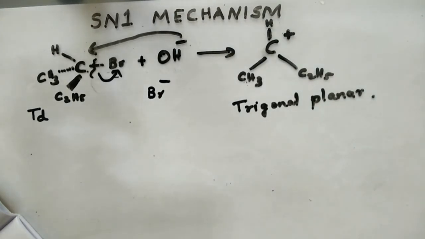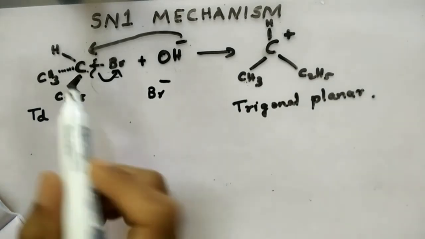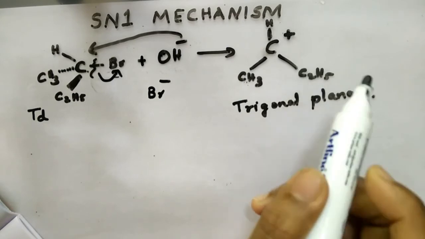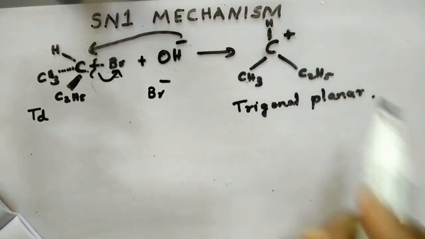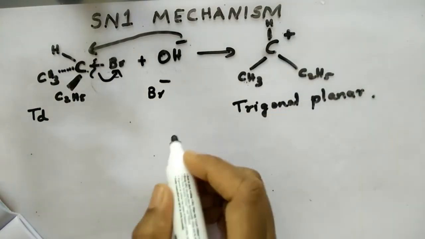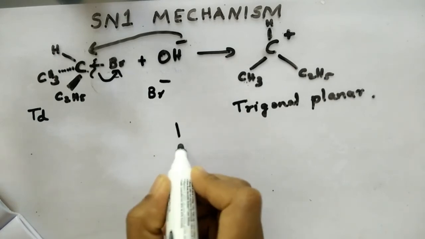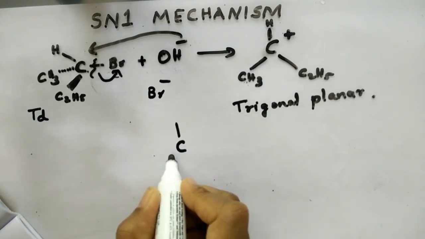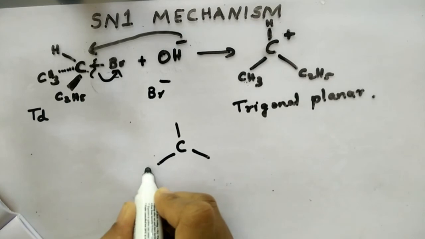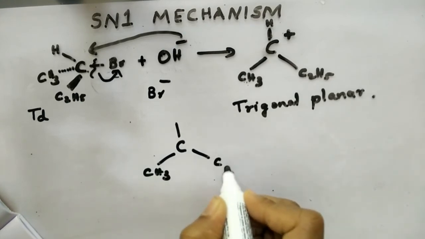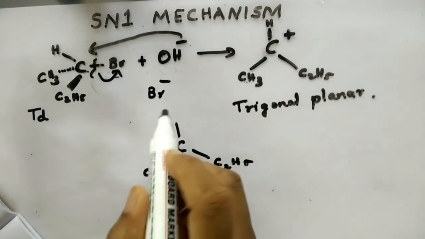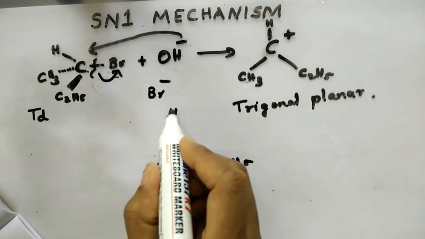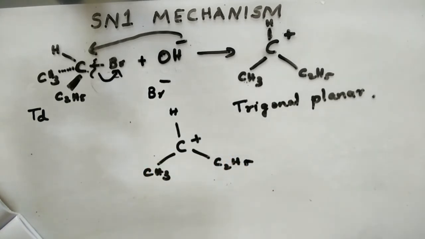Now the second step. The first step is the formation of the carbocation. For the second step, I am writing the carbocation again here. So here CH3 is there, C2H5 is here and hydrogen also here, and the plus charge is on the carbon atom. So this is the carbocation with the planar shape.